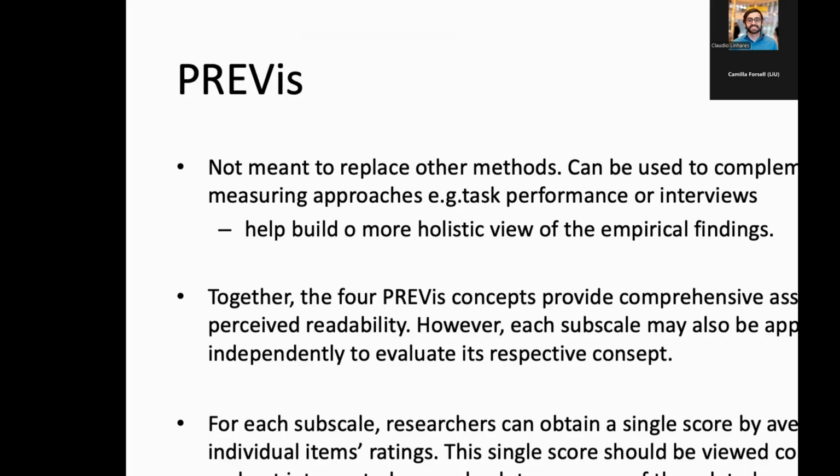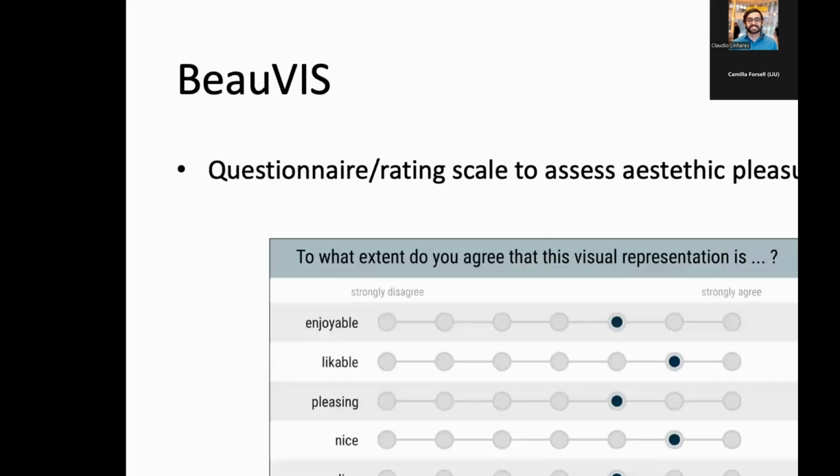And you should use this score to compare between visualizations. It's not an absolute measure. You can't say that if I get an average score of 4, that is super good, right? You should always use it in comparison with something, or make an informed decision based on theory and previous work. But we have talked about that you need to create something to compare with, right?